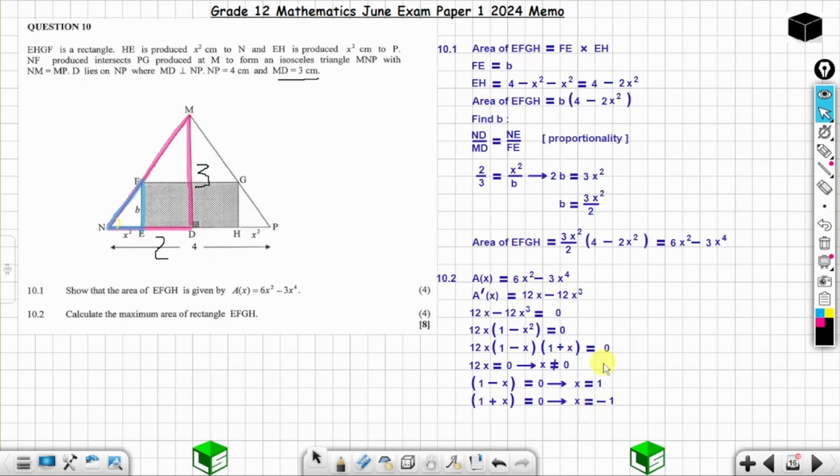You are going to have the same answer, because minus 1 squared is the same as 1 squared, or minus 1 to the power of 4 is the same as 1 to the power of 4. So let's use the positive x value. We plug in A of 1 is equal to 6 times 1 to the power of 2 minus 3 times 1 to the power of 4. This is equal to 3 centimeter squared.